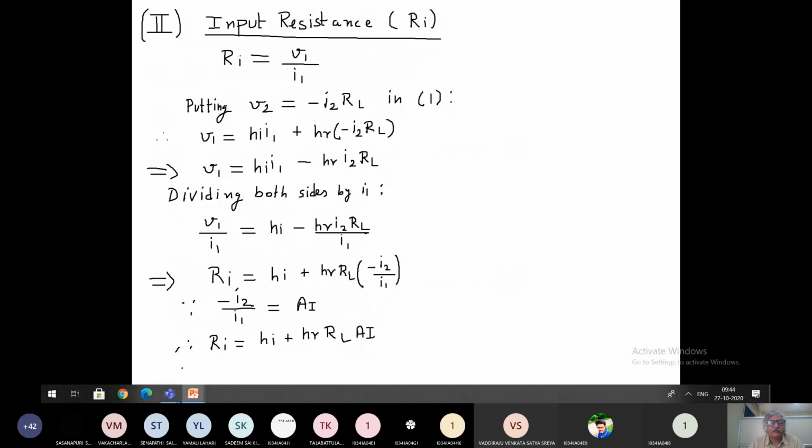So now putting the value of AI from 5, right? From 5 to the above equation we will put the value.